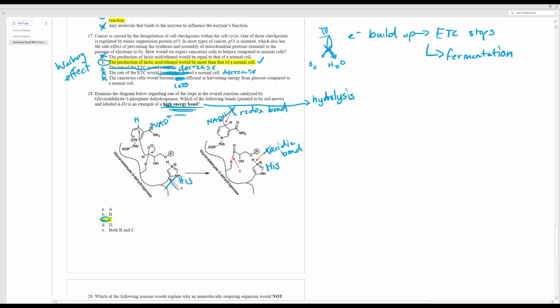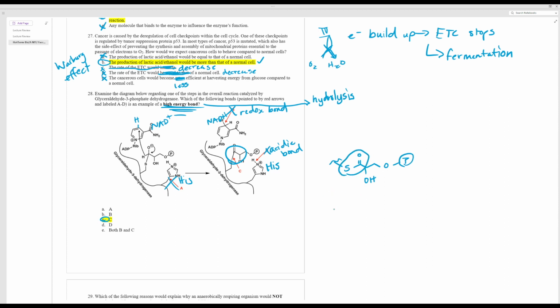But we also know that thioesters are high energy. And if we see here, we have a thioester. There's our thioester bond.